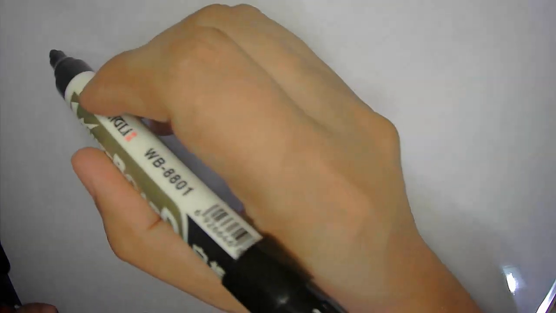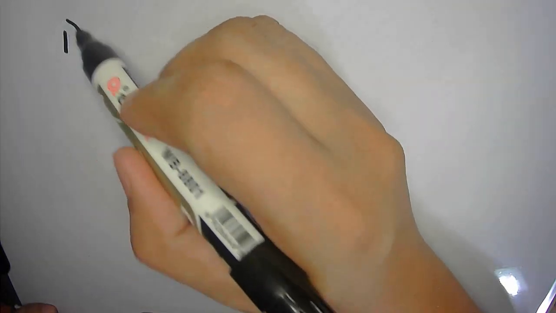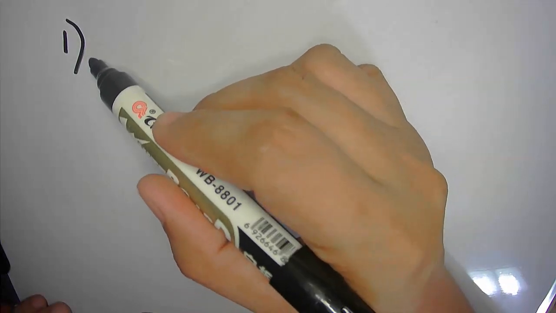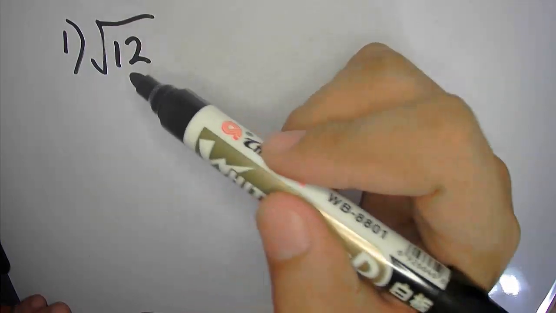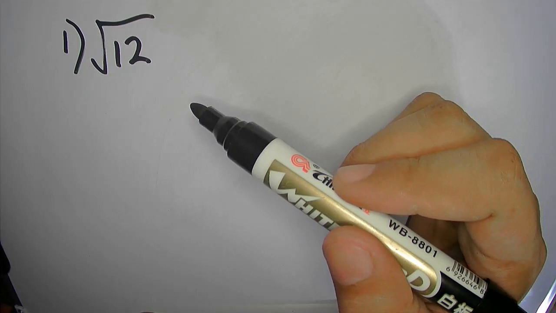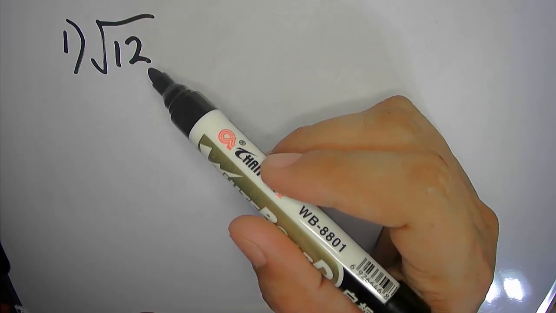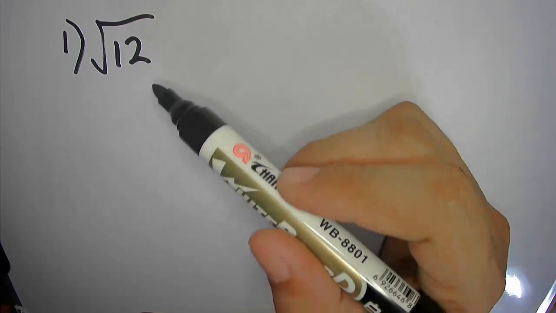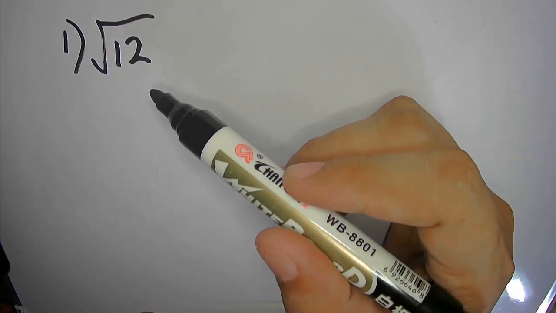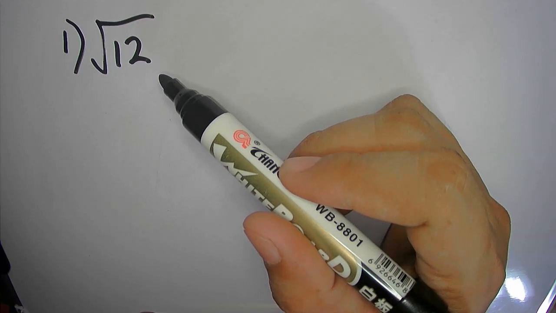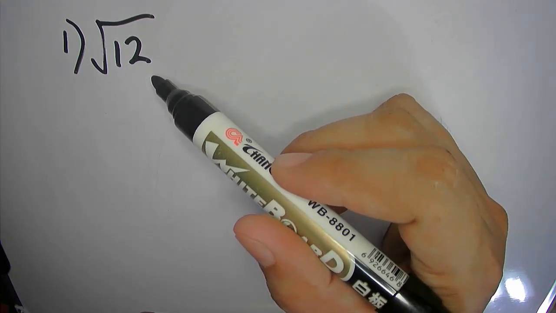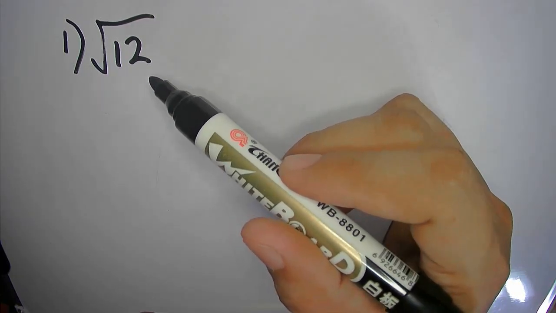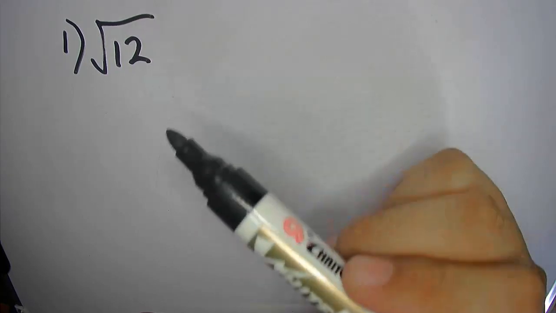Okay, so let's have example number 1. Sabihin natin yung square root of 12. Rational ka ba or irrational? Isipin natin na yung 12 ba galing sa dalawang number na magkapareho na pag minultiply natin ang sagot niya ay 12?